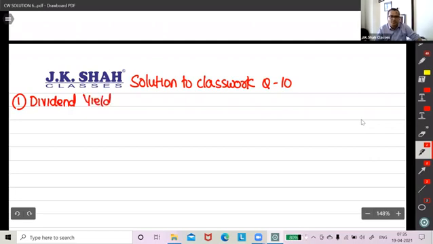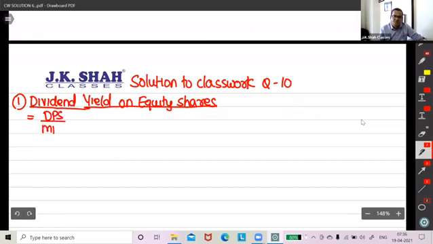Dividend yield on equity shares. Dividend per share upon market price per share into 100. You can write over here. Dividend per share would be 20% of 10.